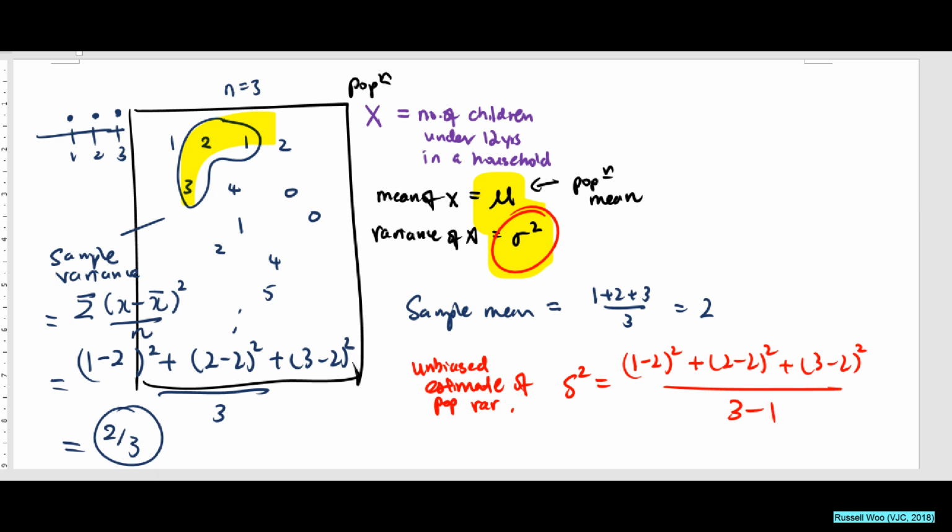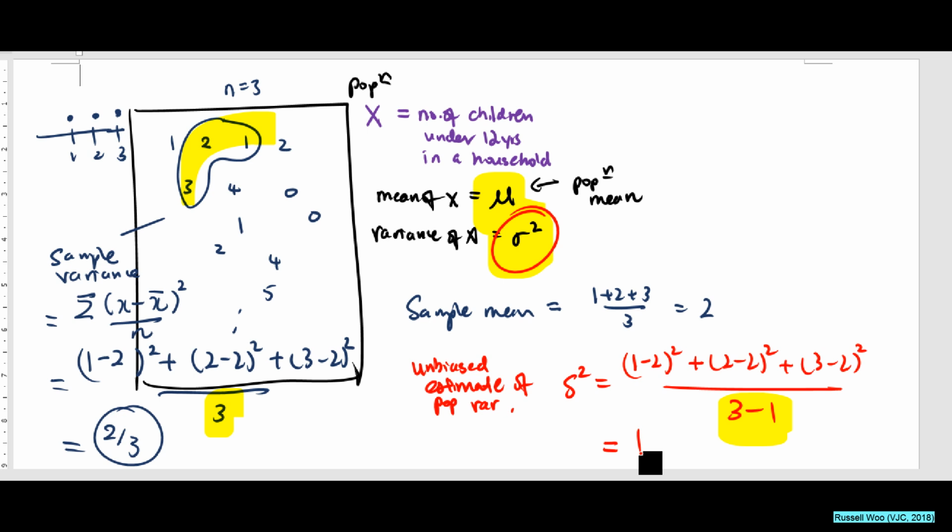The only difference between this formula and this formula is I will divide by 2 instead of dividing by 3. Then I will get this value, and then I will get 1. That means this is 1 point estimate of the population variance.